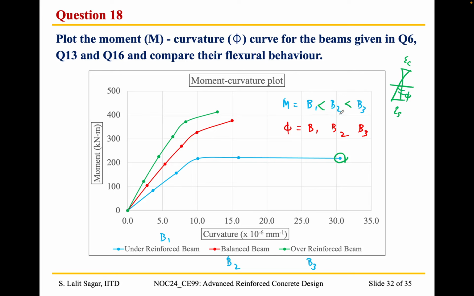Whenever a beam is subjected to extreme loading conditions such as earthquake or wind or a blast loading, we need the beam to deform very significantly. So here the curvature of B1 is greater than B2 and B2 is greater than B3.